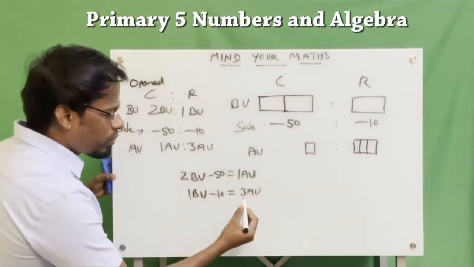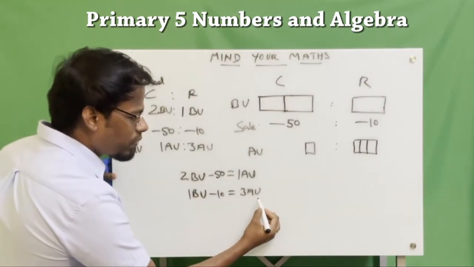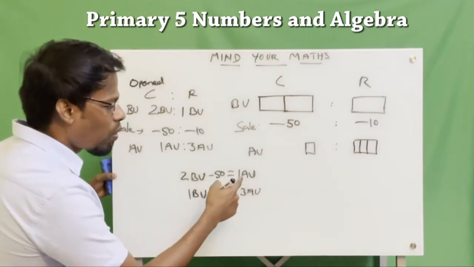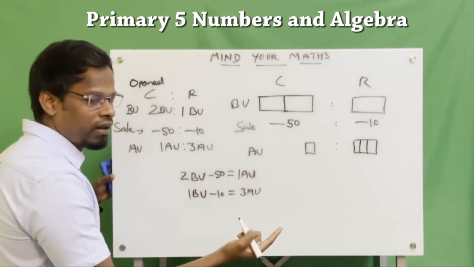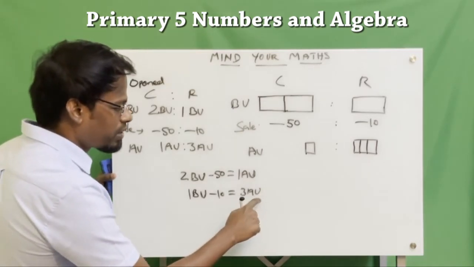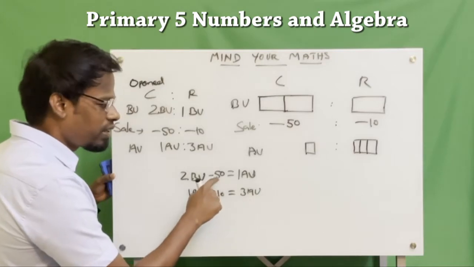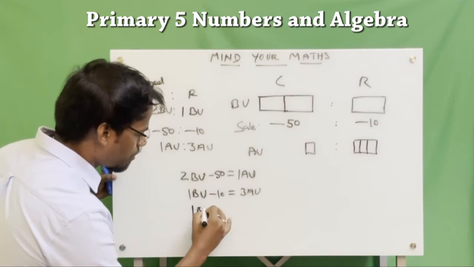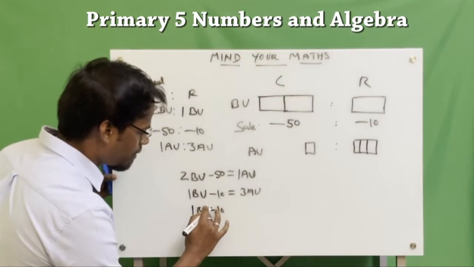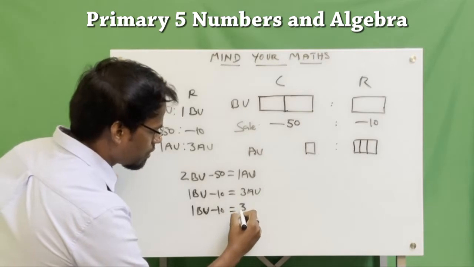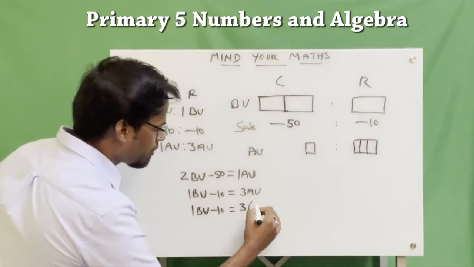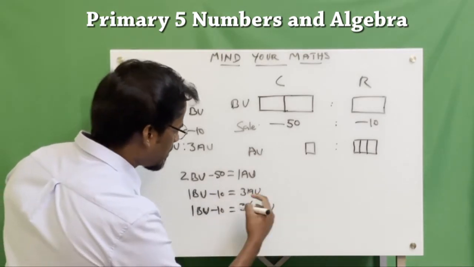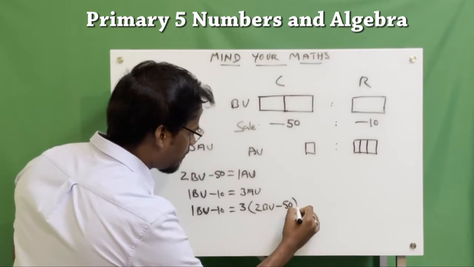So in this 3 AU, we can replace the value of AU. 1 times AU is AU itself, so we can replace the AU value based on this equation, which means 1 BU minus 10 equals 3 times 2 BU, before unit, minus 50.